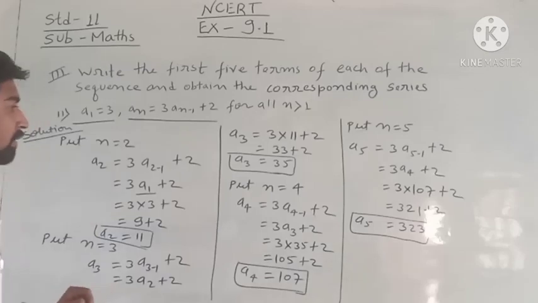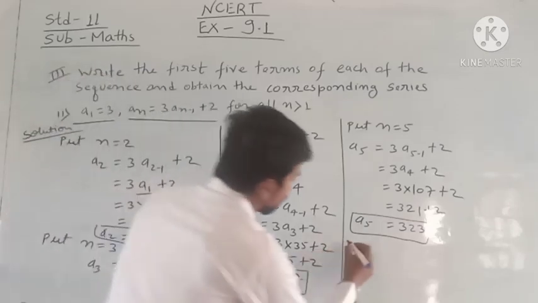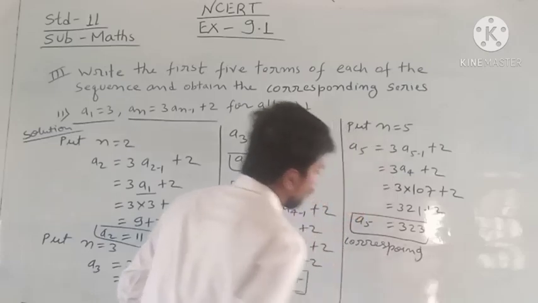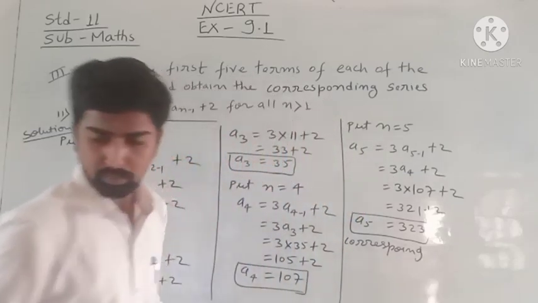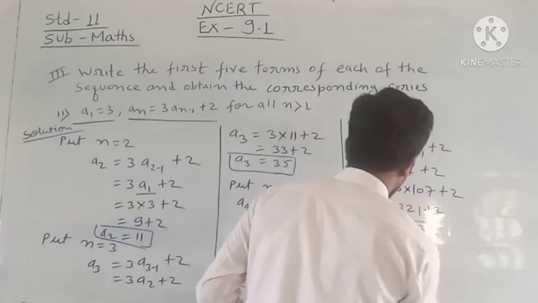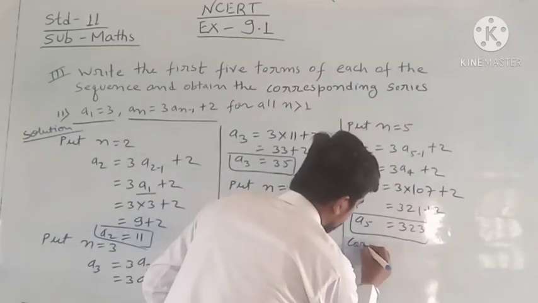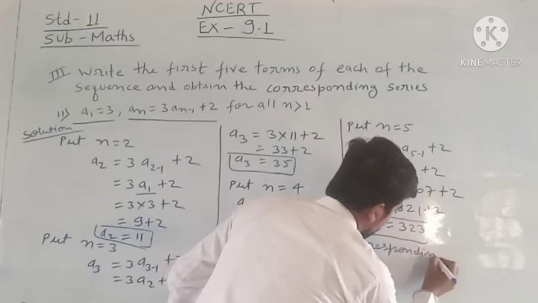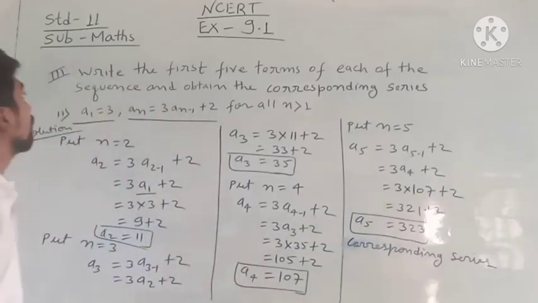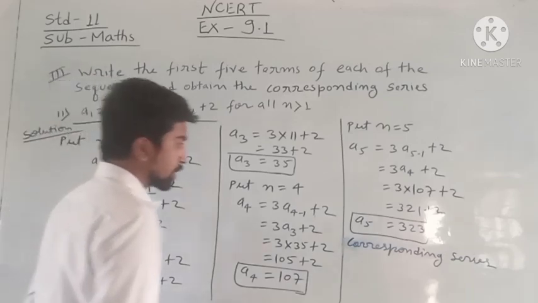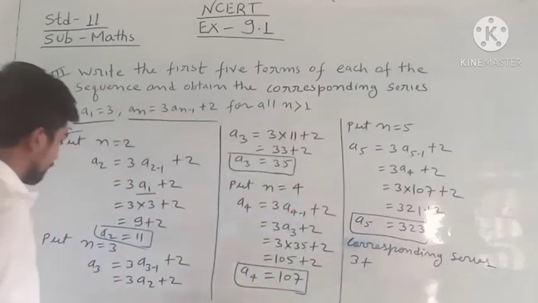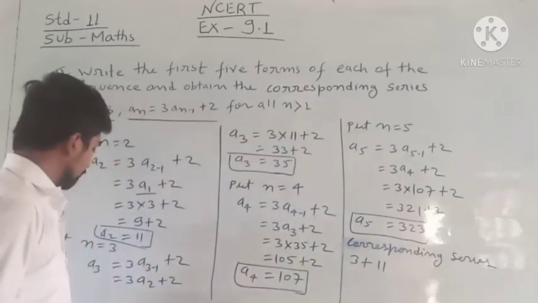And now we have to also find corresponding series. So corresponding series of 5 terms of the given sequence will be equals to a1, means first term, which is 3, plus 11 which is second term, plus third term.